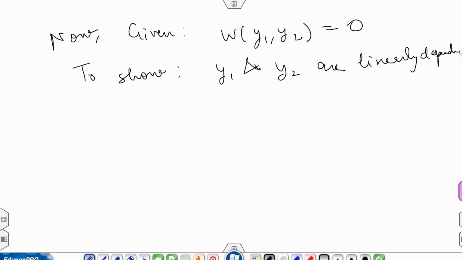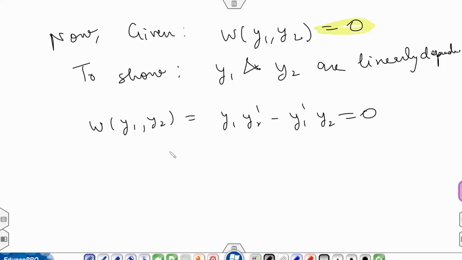So now see, we have the Wronskian. Again we are using the definition: this is y1 y2 dash minus y1 dash y2. And what we have from here is that this is equal to 0.